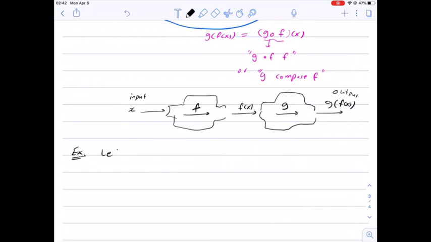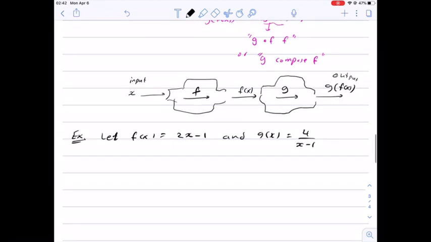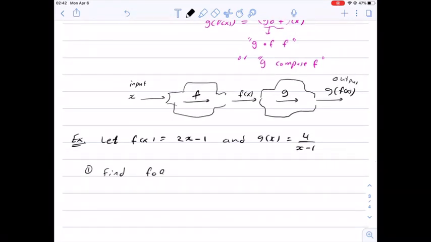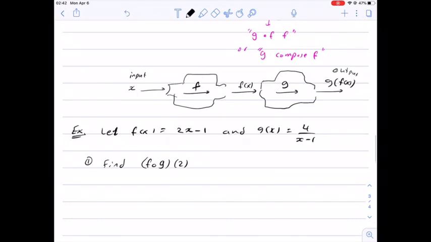Let's take some examples. Let f of x equals 2x minus 1 and g of x equals 4 over x minus 1. We want to find f compose g of 2.